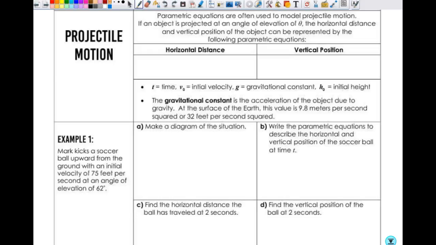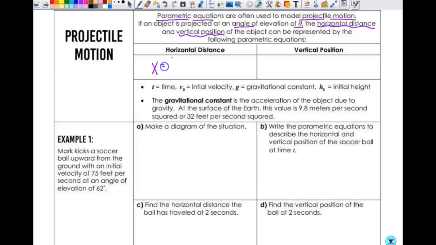They're often used to model projectile motion. So parametric equations, projectile motion. If an object is projected at an angle of elevation of theta, then the horizontal distance and vertical position of the object can be represented by the following parametric equations. Okay, so we have an x equals and a y equals.